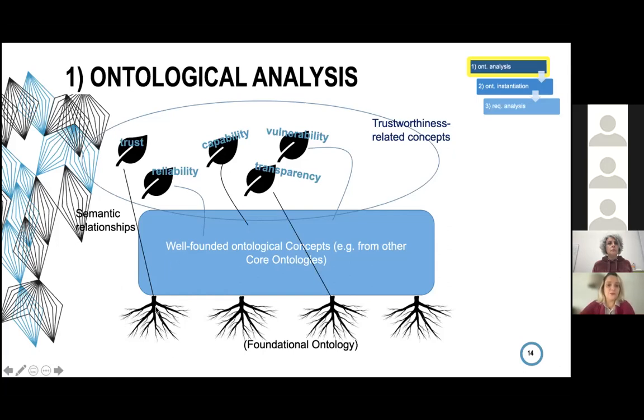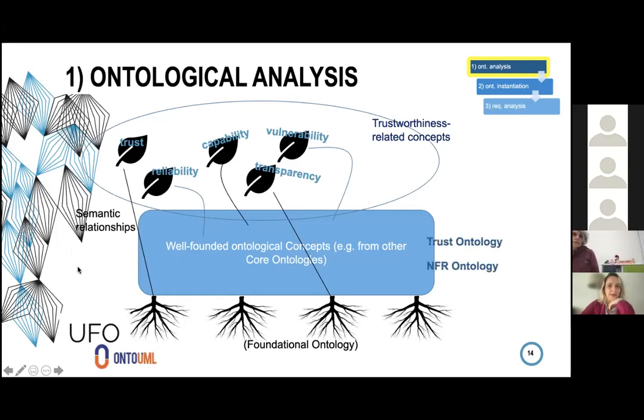So we start from using foundational ontologies, like the ones that we saw in the previous part of this talk, right? So the notions of UFO and languages such as OntoUML. This will be the base of the whole analysis.